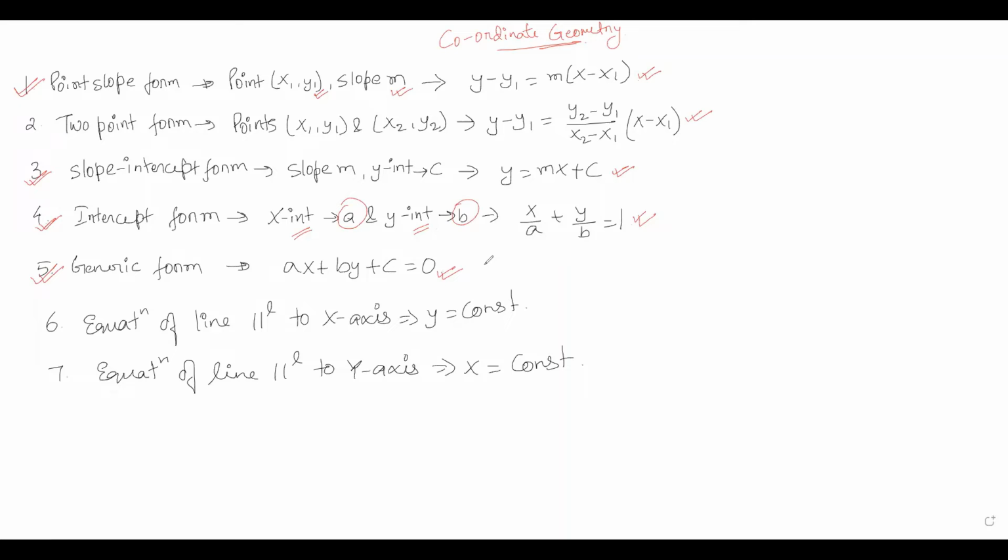So the equation of the line would be of the form of ax plus by equal to 0. Also, the equation of a line which would be parallel to x-axis would be given by y equal to some constant, and the equation of a line parallel to y-axis would be given by x equal to some constant.